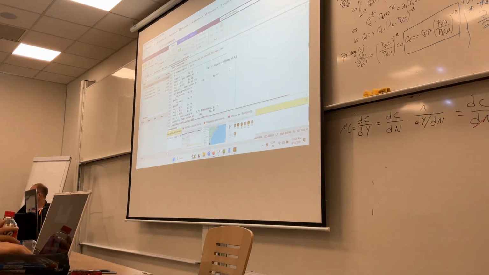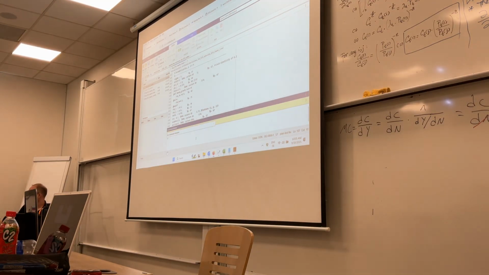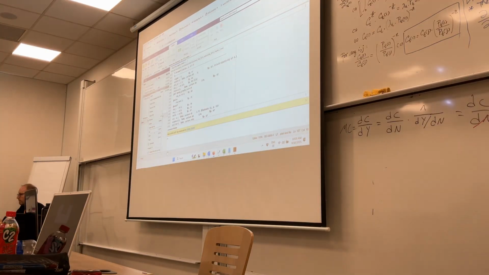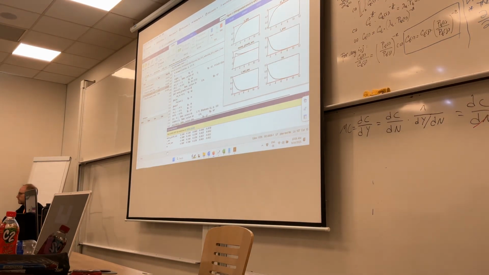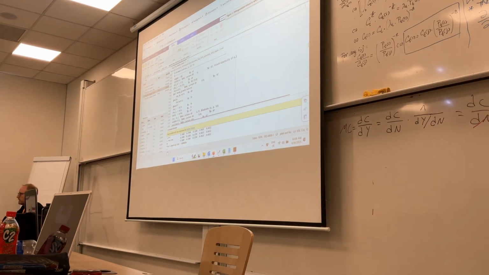So let's first get our monetary policy responses, our baseline responses. And let's make our households 10 times as risk averse.